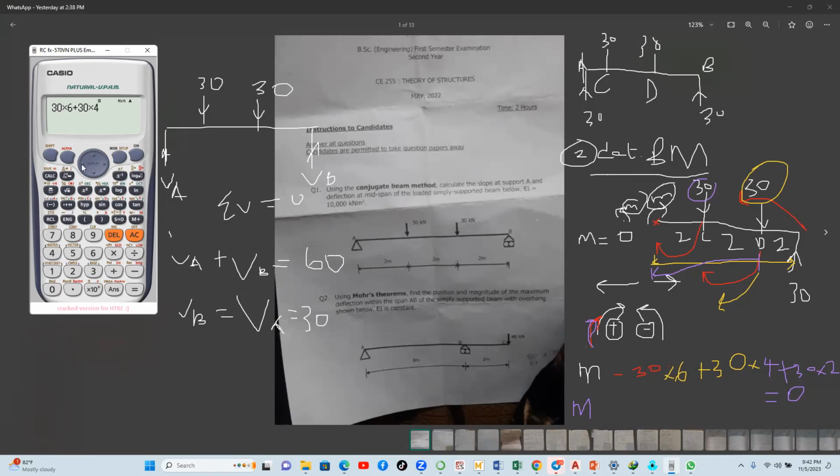No, here will rather be minus, because after it crosses the equal sign, minus 30 times 4, minus 30 times 2. Okay, so this is going to be what? 0. Have you seen it?